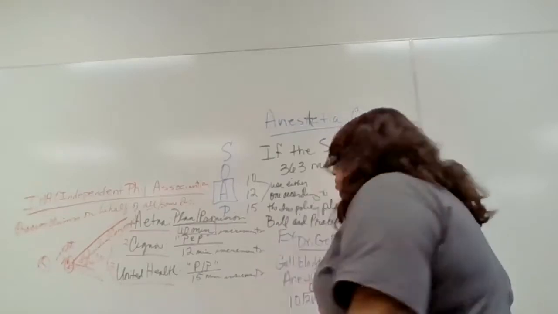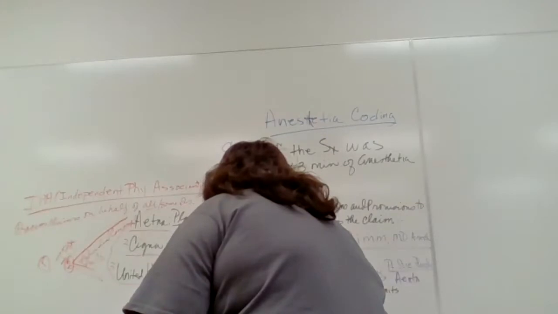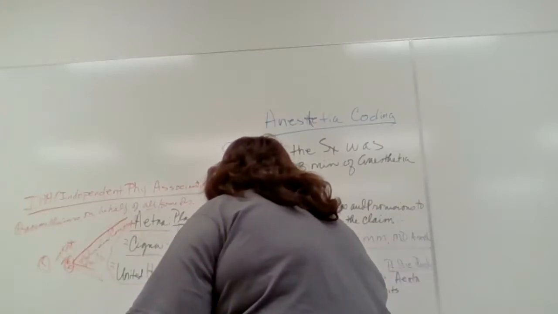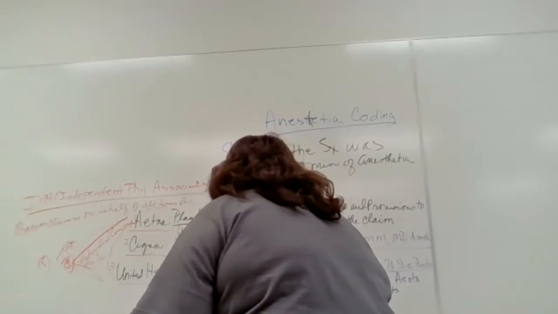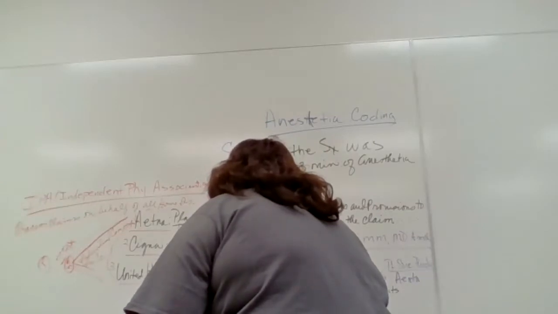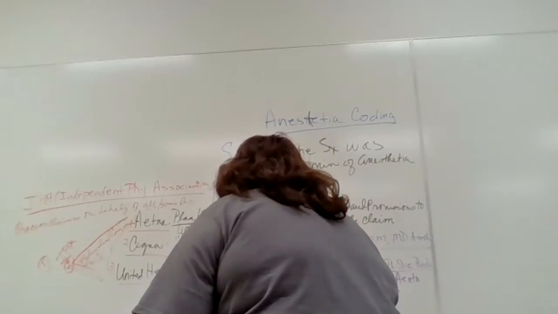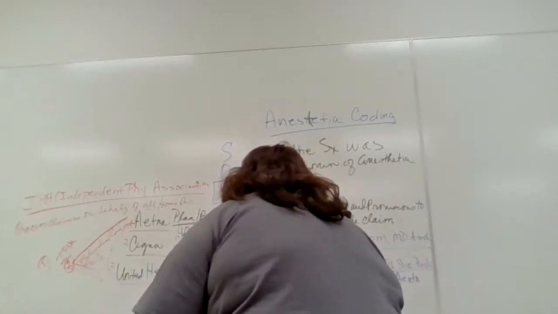We have our number of units. So now, when we get ready to go on 24A through H under the CMS 1500, the anesthesia procedure code may be 0400104. I don't know, I'm just saying.